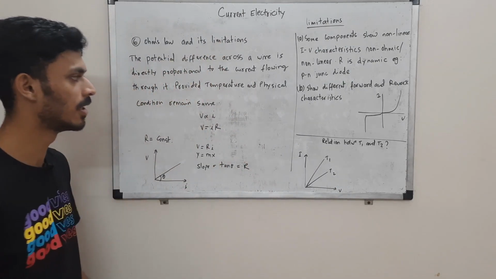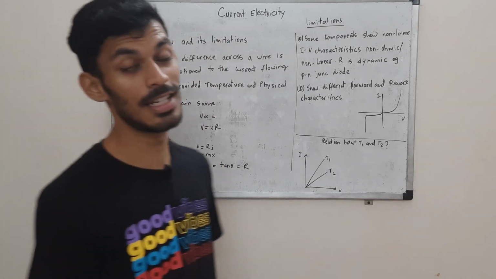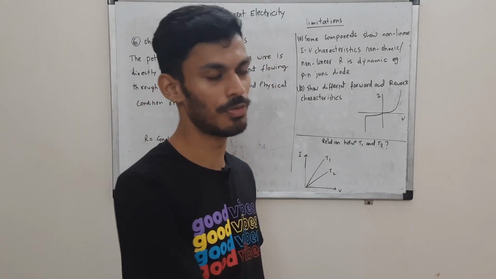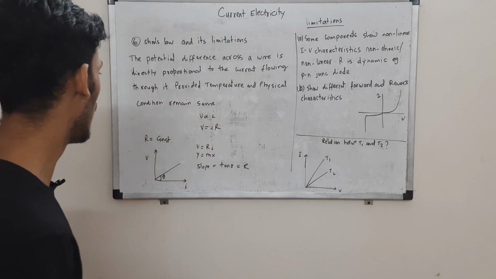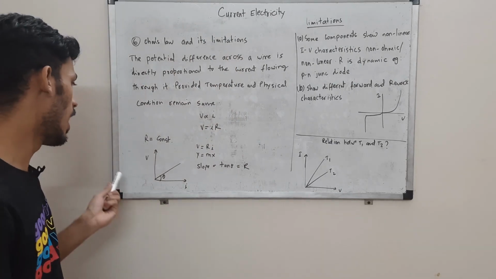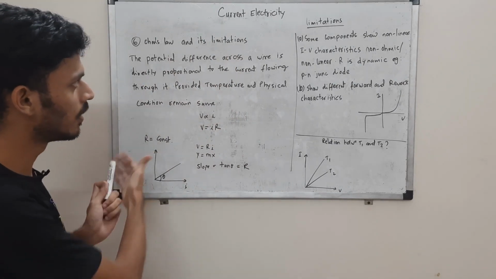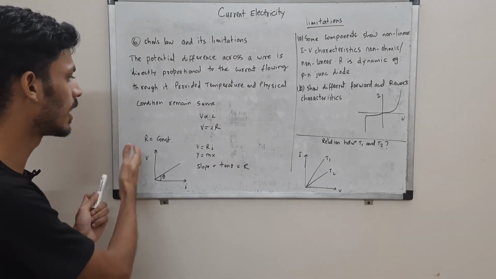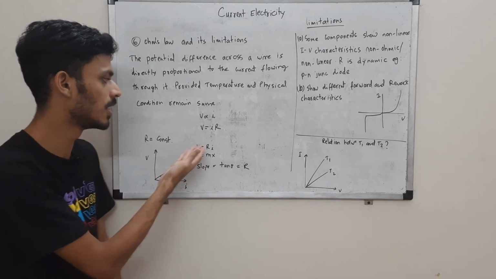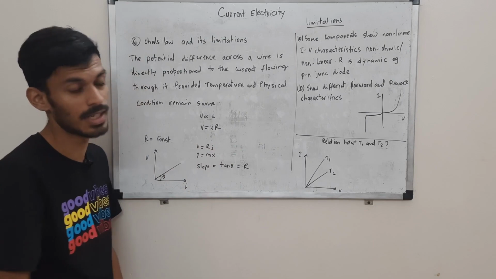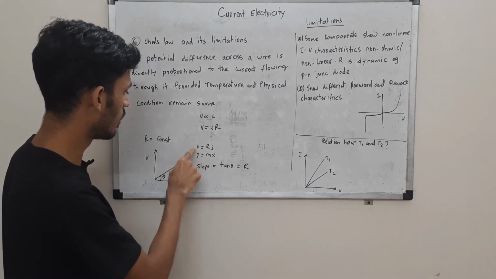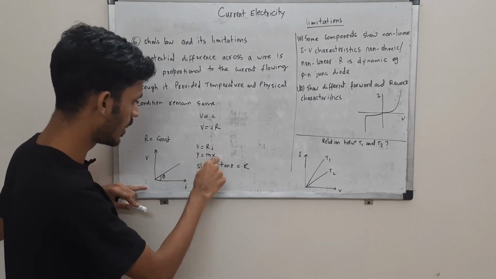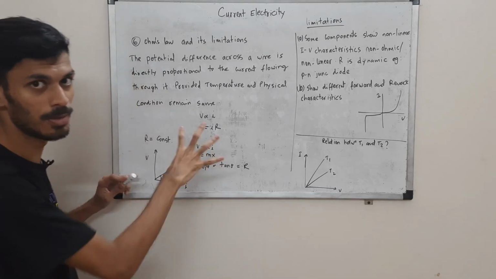R is a constant over here, and it is nothing but resistance that we have learned, opposition to the flow of charge, opposition to electric current. R is constant, and you can also plot V versus I. In that case, you can compare V is equal to IR with Y is equal to MX, and you can see that Y is V, I is X, then M, the slope, should be the resistance.